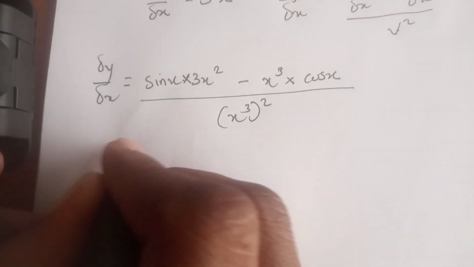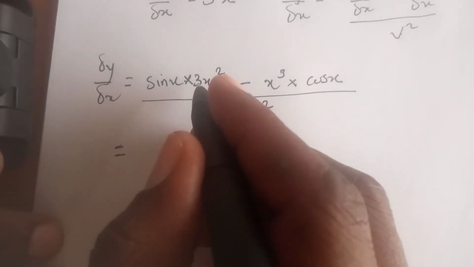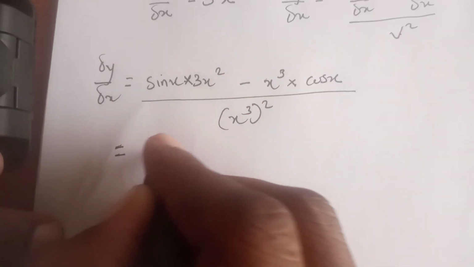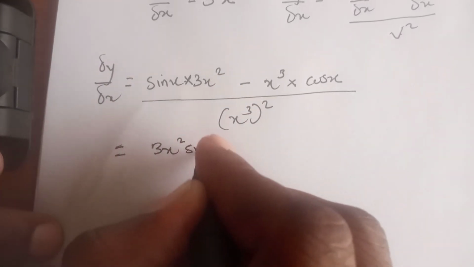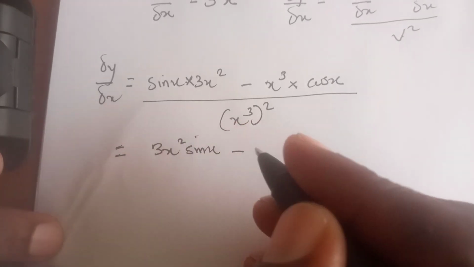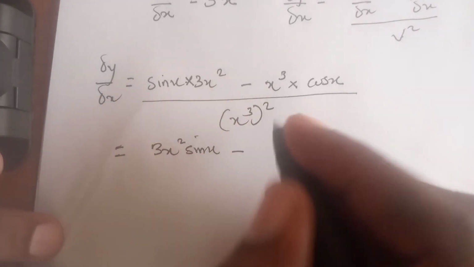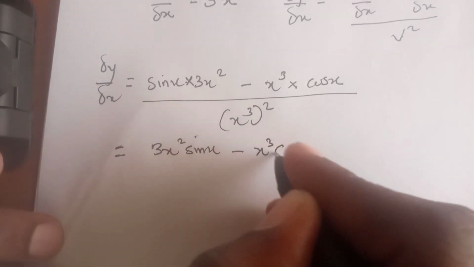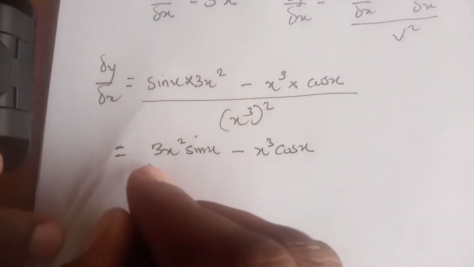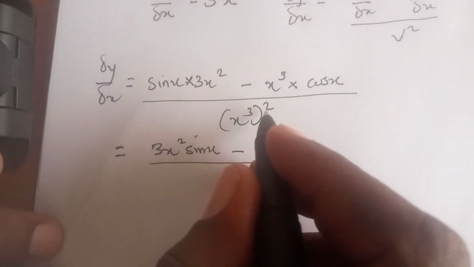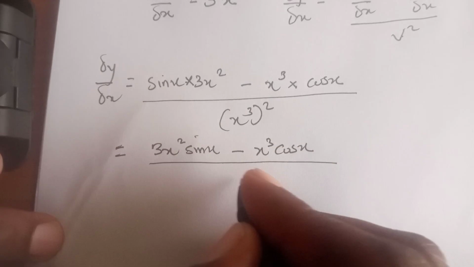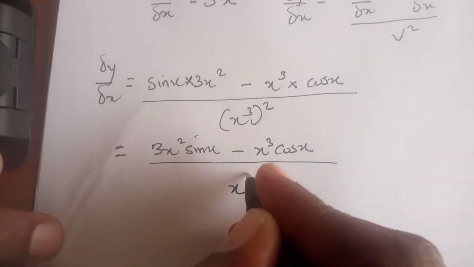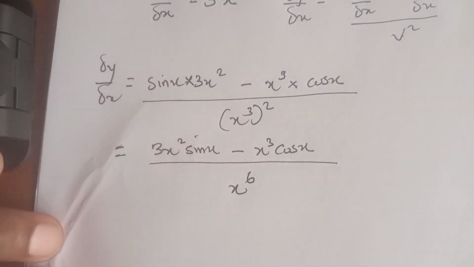From there, this will be equal to 3x squared sine x minus, what is cos x times x cubed? Minus x cubed cos x over, remember, you multiply powers together, so that will be x raised to power 6. All right. So that is the answer for this one.